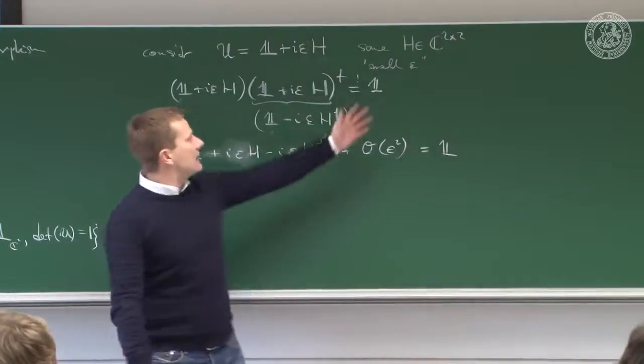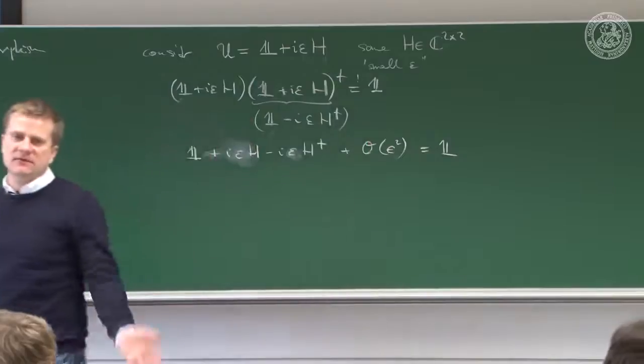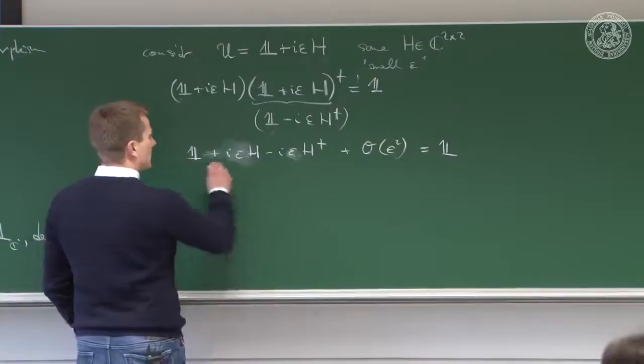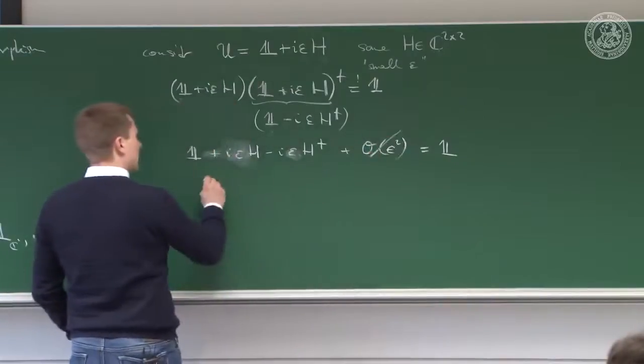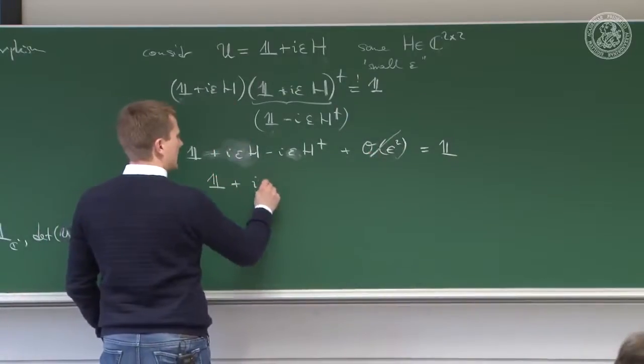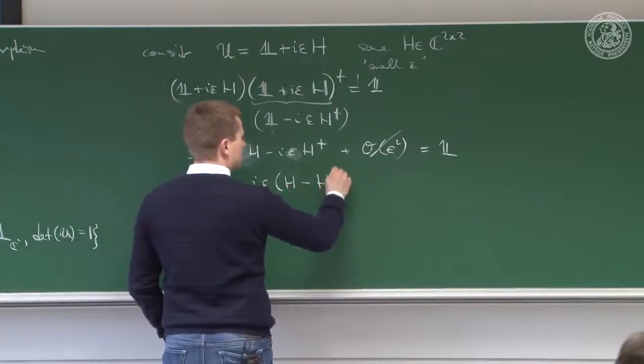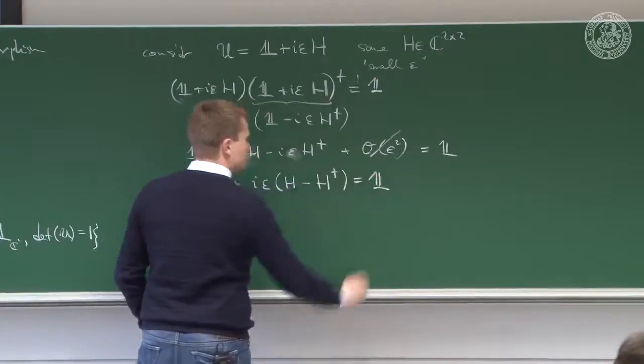Now, if we make epsilon small, or in other words, if we take the derivative with respect to epsilon at 0 and so on, we can neglect this term, and we get 1 plus i epsilon times (h minus h dagger) is the identity.